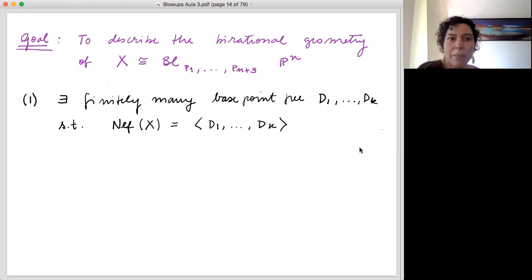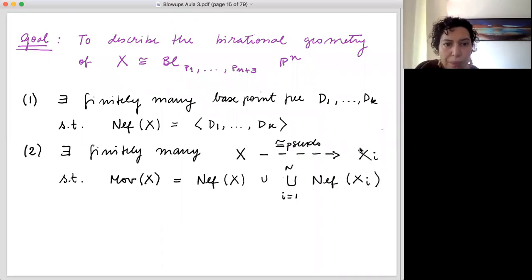So what do I mean by to describe the birational geometry? Let me recall that when you have a Mori dream space, we know that the nef cone is generated by finitely many base point free divisors. And moreover, we can write the movable cone, that is the cone of divisors generated by the divisors without a base component.